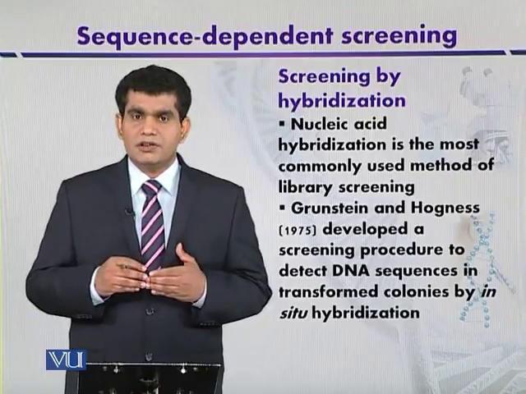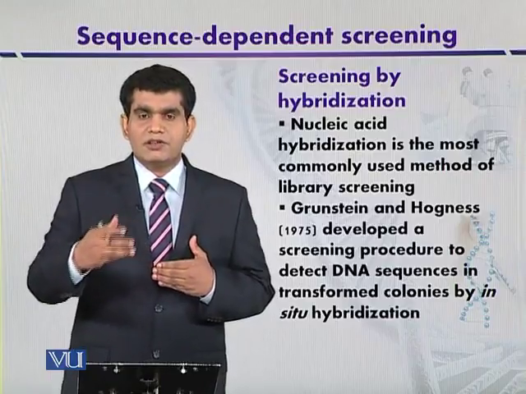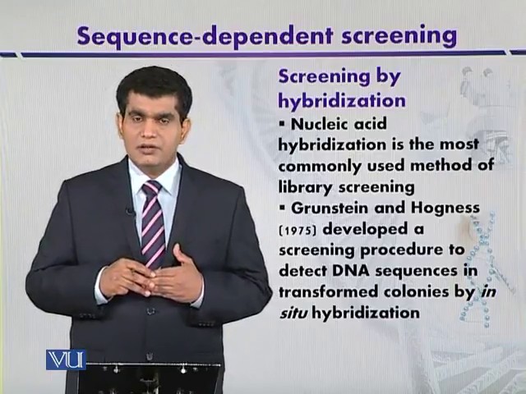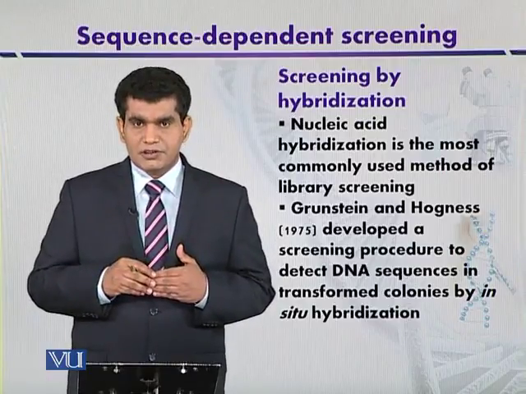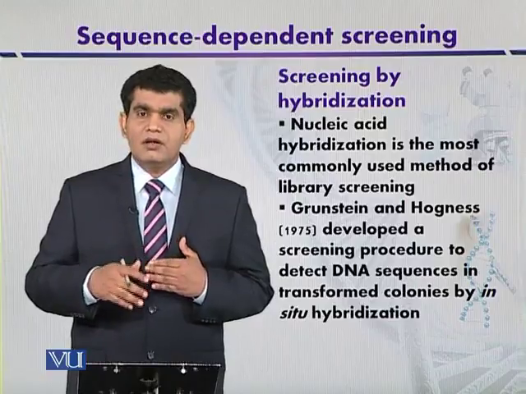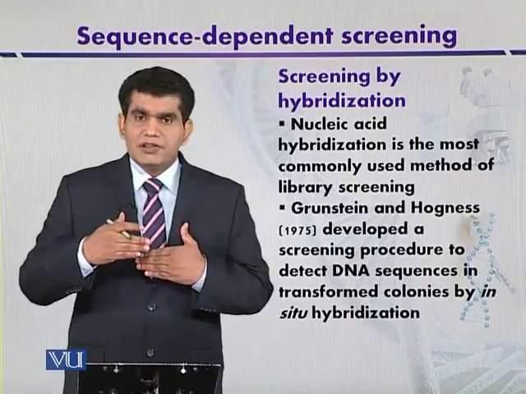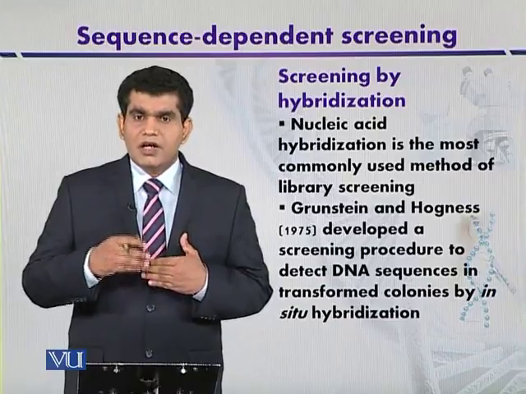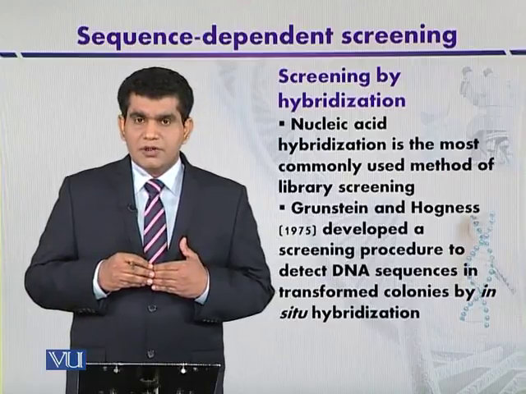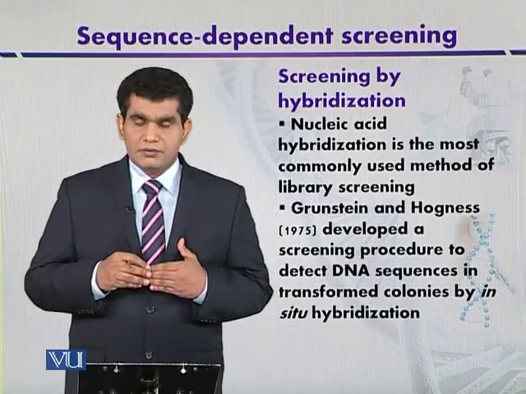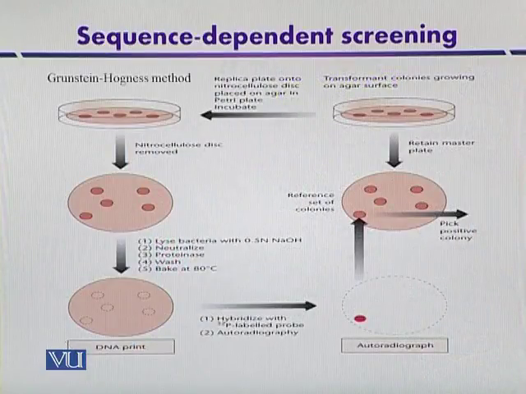The probe is an oligonucleotide sequence that is complementary to our target DNA, and it is labeled with some radioactive substance. After that, hybridization occurs, and after hybridization, the target DNA is detected by autoradiography. So this may be the basic step for in situ hybridization.